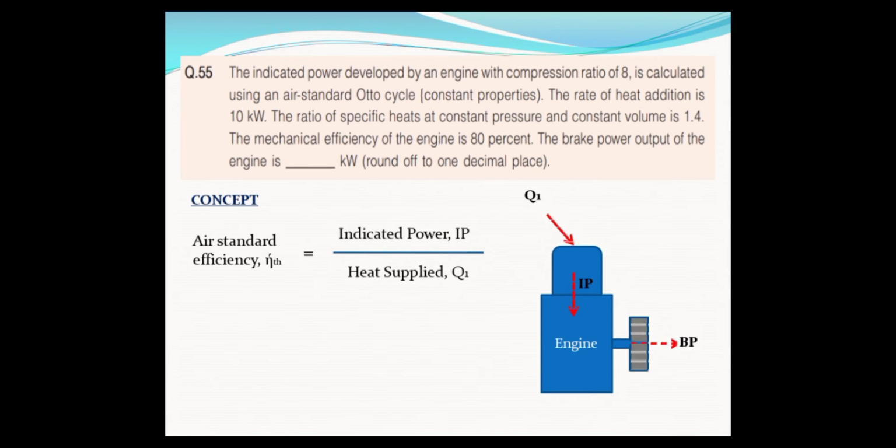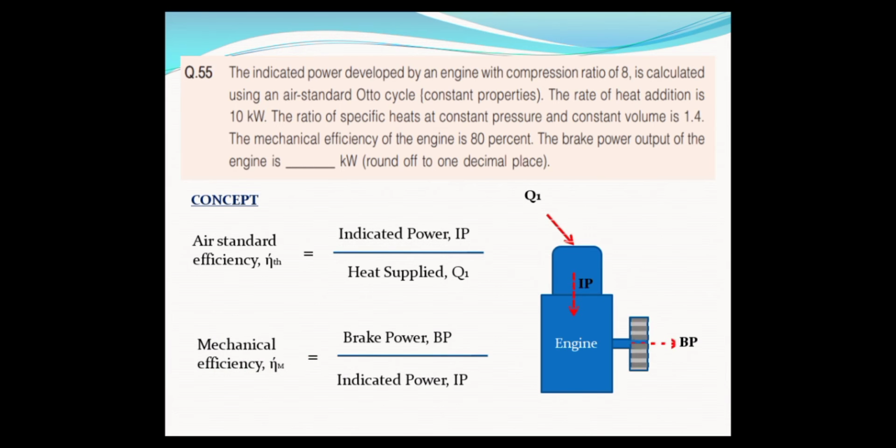So this final output divided by initial input, that is indicated power, is known as mechanical efficiency. So this mechanical efficiency is the ratio between brake power and indicated power. So by knowing these two terms, we can solve this problem very easily and simply in few seconds or few minutes.